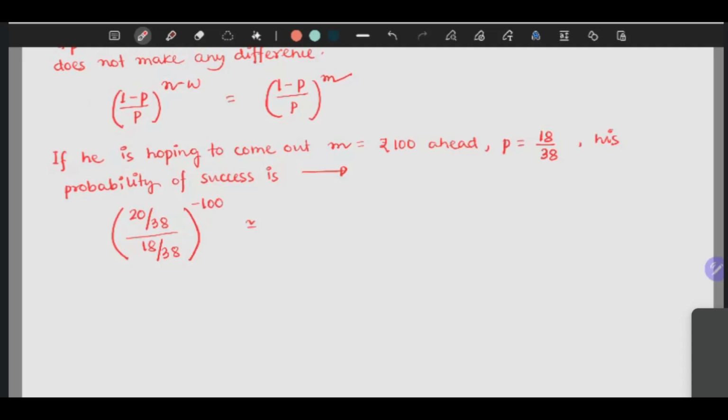That makes 1 in 37,648.62, like this number.